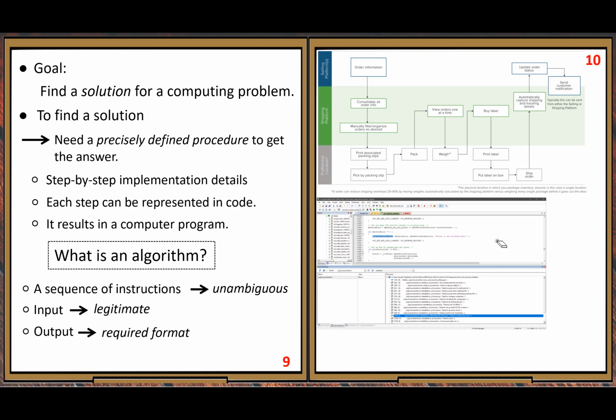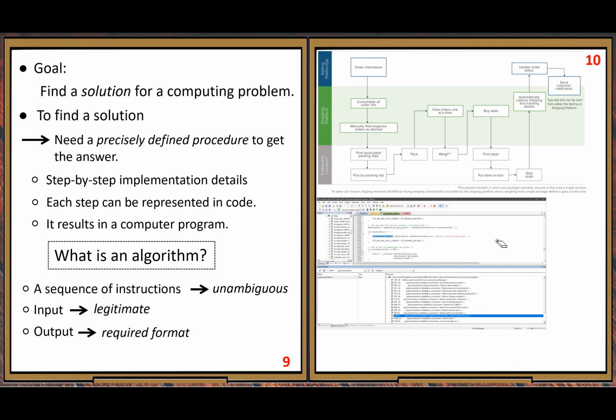Why is there a required format? Think about our real-world situation. When you solve a computing problem, typically you need to provide a solution for the business world, right? You're working in a business world. You need to provide a solution for your customers.